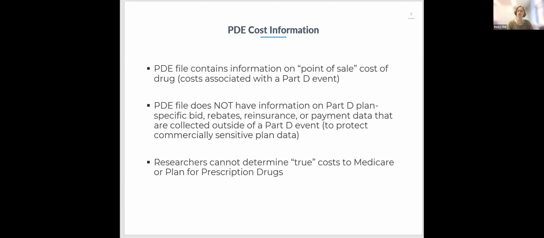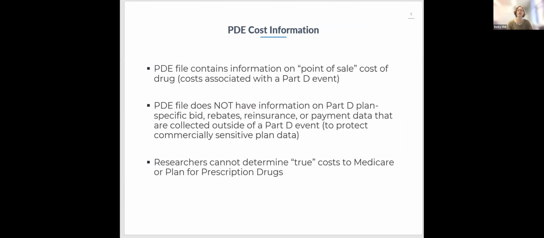The Part D drug event file contains information on the point of sale cost of the drug, so the cost associated with the Part D transaction, the event, when it was filled at the pharmacy.